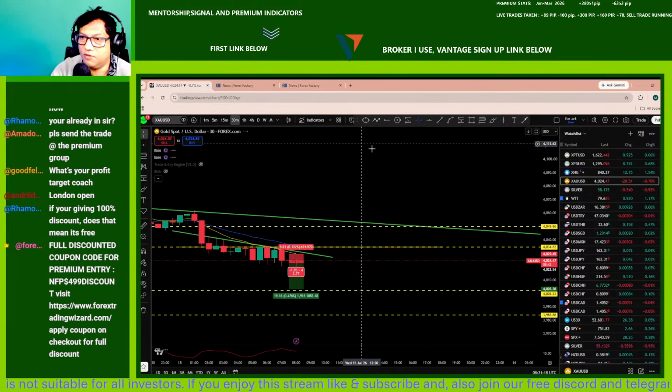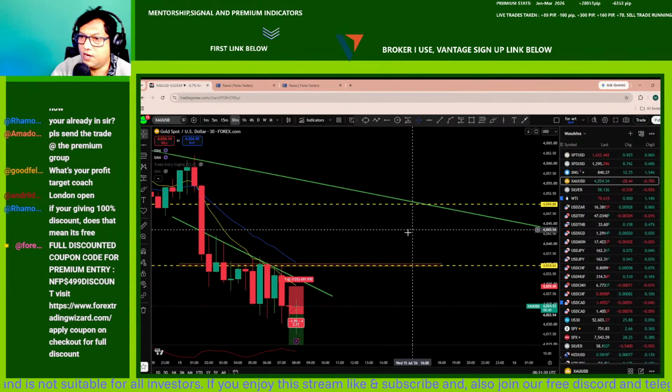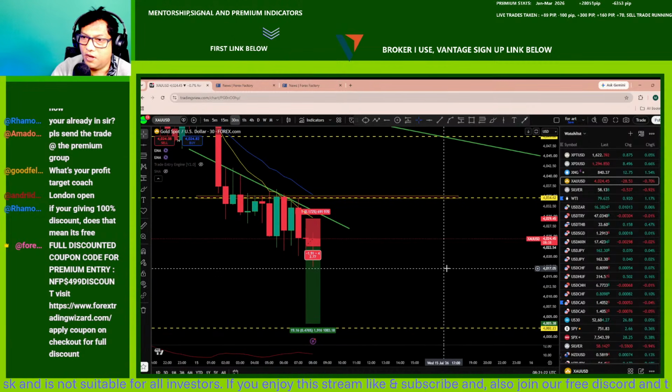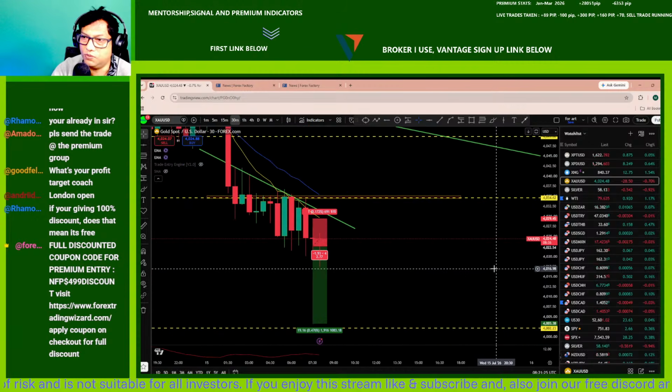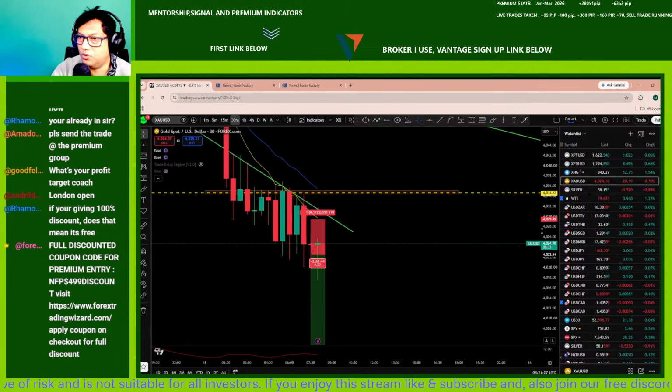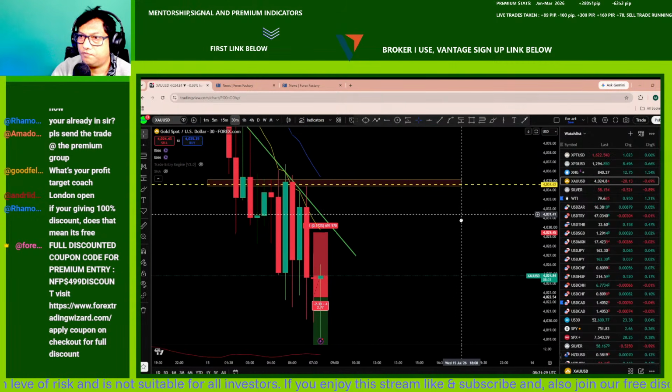However, if we see a deeper pullback, that can happen. So you look at the 30 minutes, after dropping here, it bounced back again to retest this high.